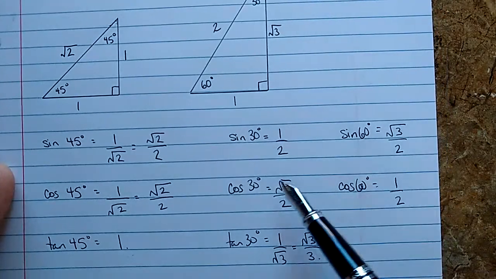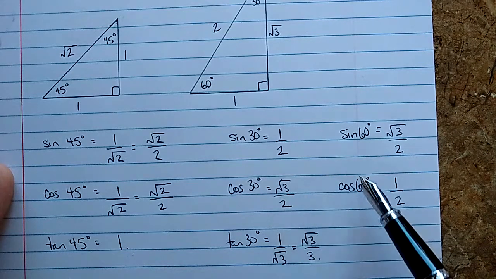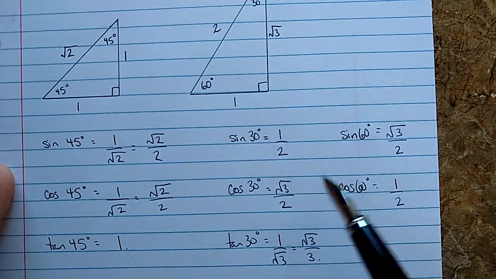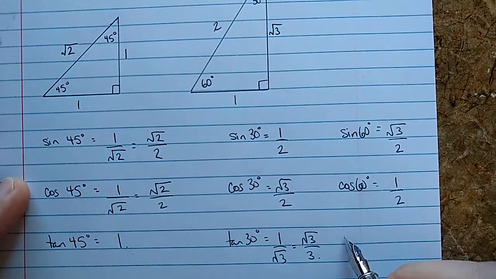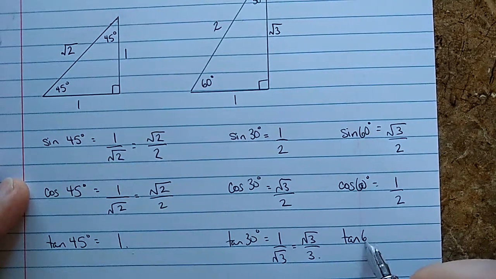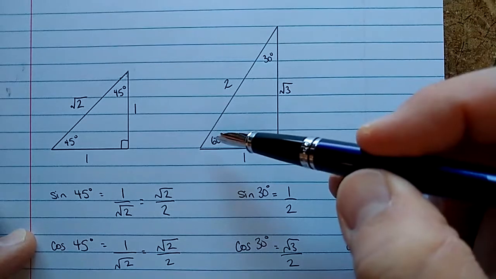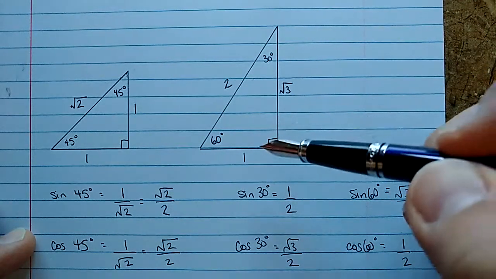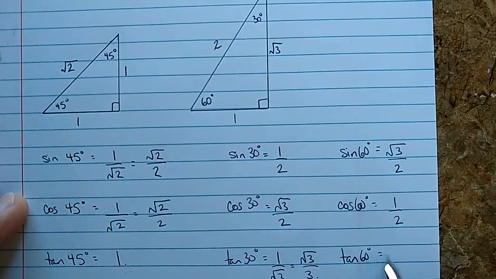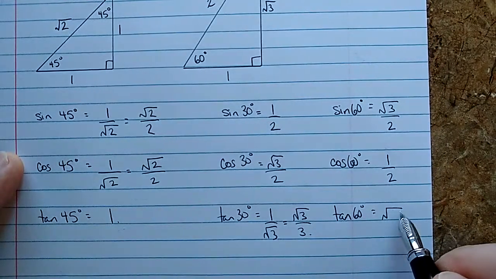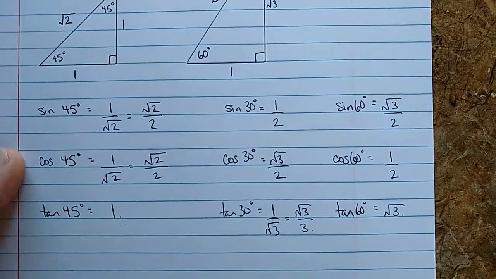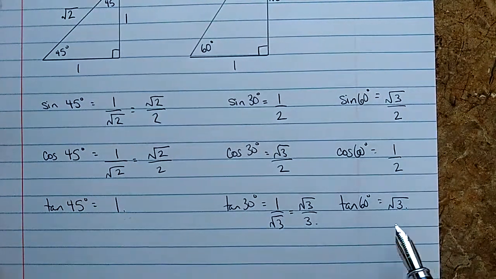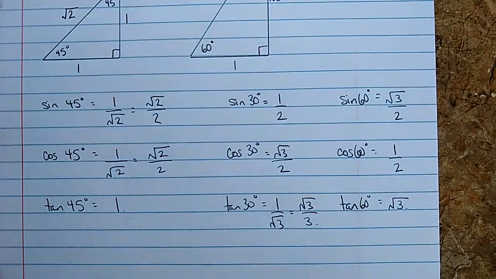Now you'll see the cosine of 60 and the sine of 30 match, cosine of 30 and sine of 60 match. And last we have the tangent of 60 degrees, using 60 as our reference angle. Opposite divided by adjacent is root 3 divided by 1, or we can just write root 3.